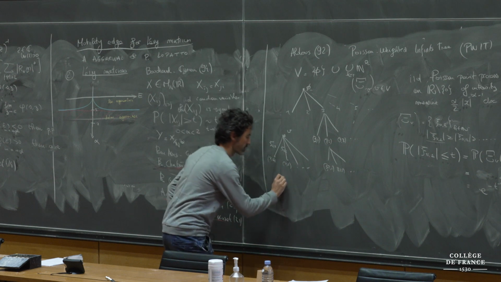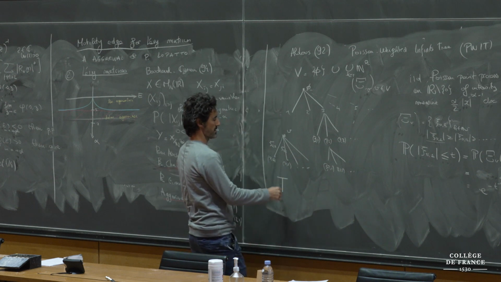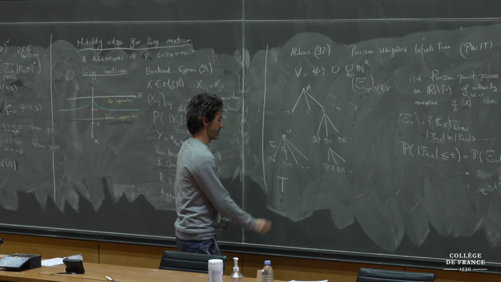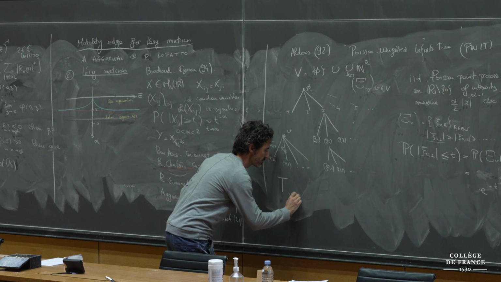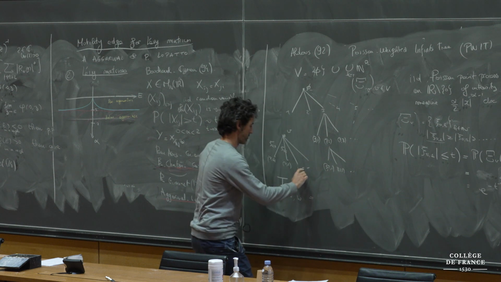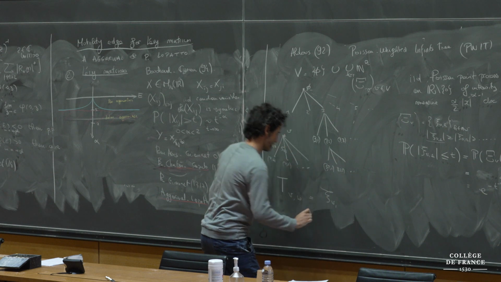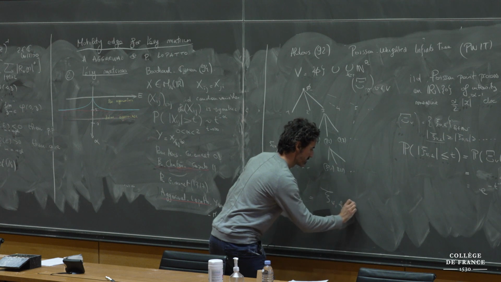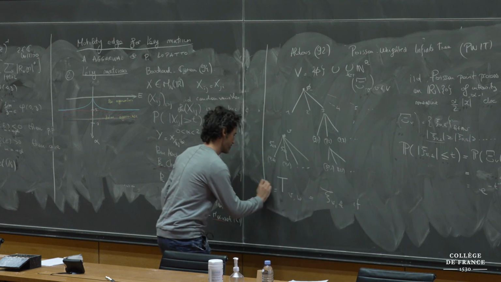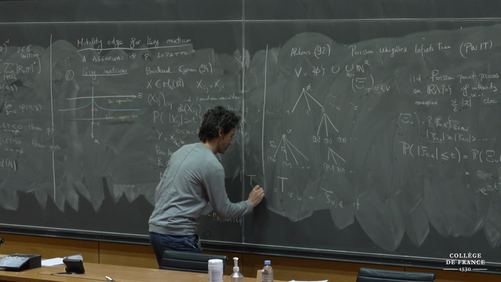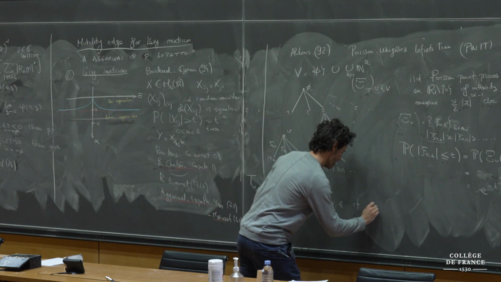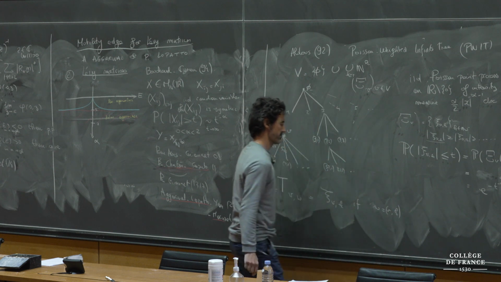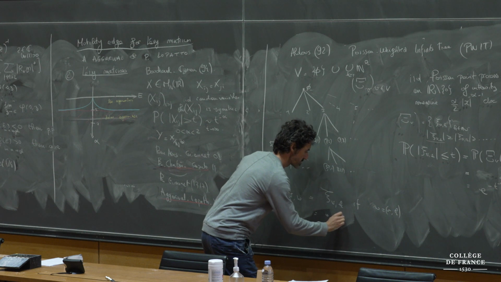Now you can define an operator T, for compactly supported functions on V, by saying that T(v, w) will be equal to psi v k, and this will be equal to T(w, v) if w is a child of v, and 0 otherwise.